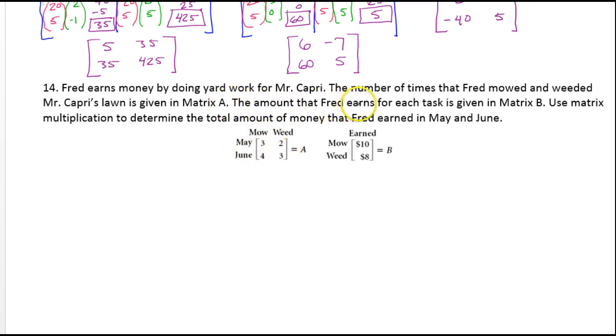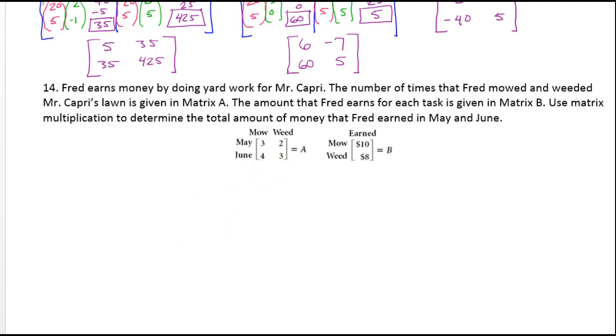The amount that Fred earns for each task is given in matrix B. Alright, apparently he earns $10 for every time he mows and $8 every time he weeds. So that's matrix B. Use matrix multiplication to determine the total amount of money that Fred earned in May and June. So, matrix multiplication.